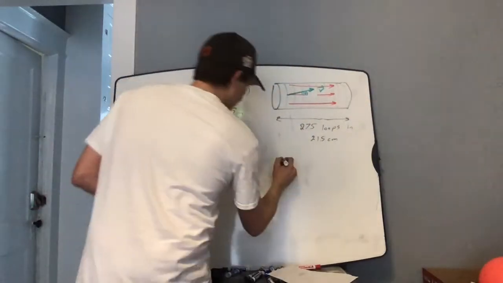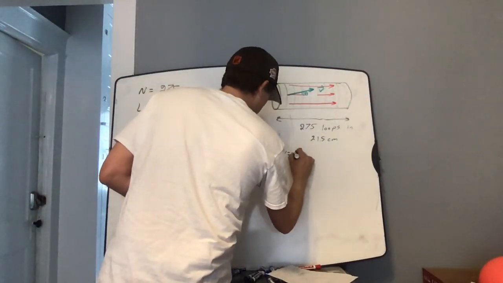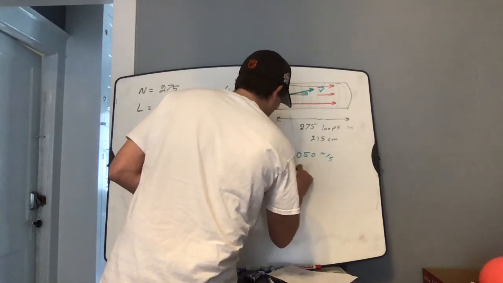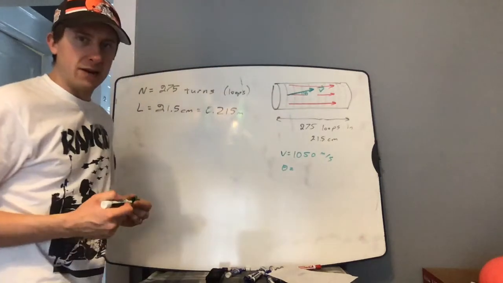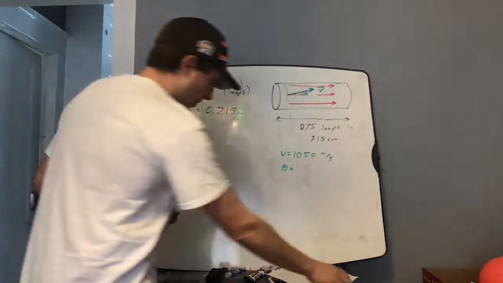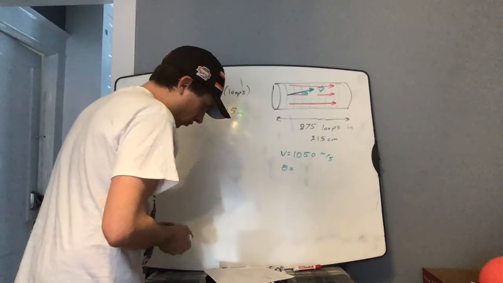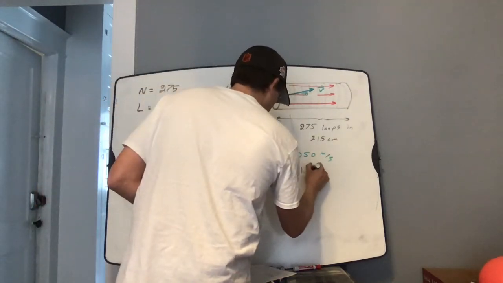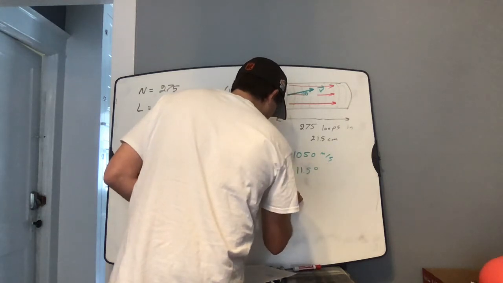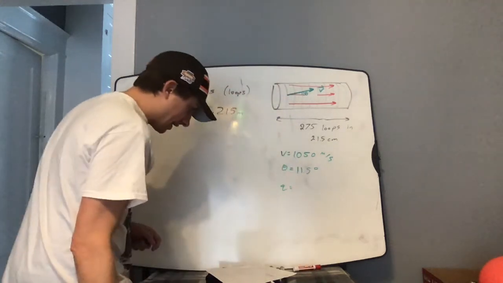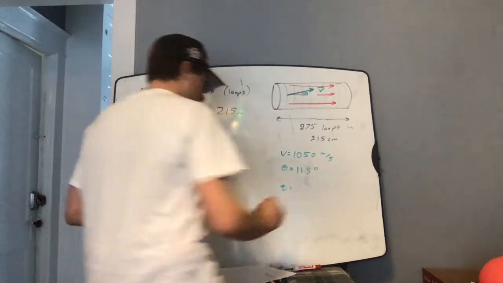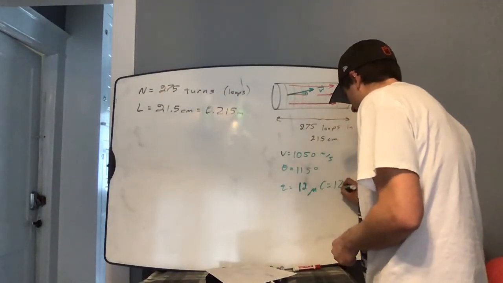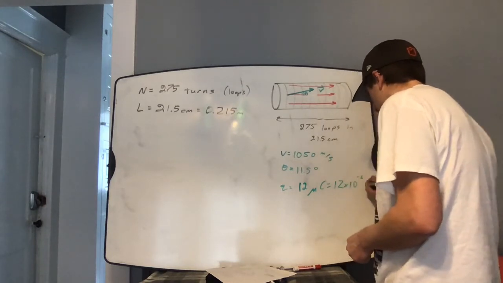The speed of the particle is 1050 meters per second, and the angle between the direction of the magnetic field and the direction of the particle's motion is 11.5 degrees. We're also given the charge of the particle is 12 microcoulomb, which is 12 times 10 to the minus 6 coulomb.